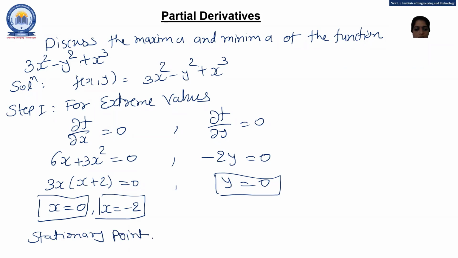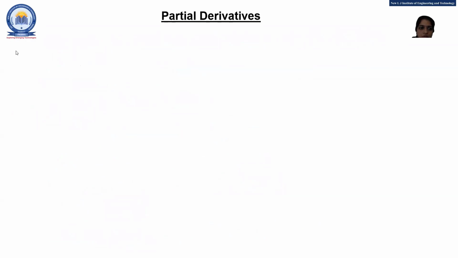Stationary points are for x equal to 0, y is 0, and for x equal to minus 2, y is 0. We have two values for x, one is 0 and the other is minus 2, and one value for y, that is 0. Okay, so now we have two stationary points and we'll move to step 2.